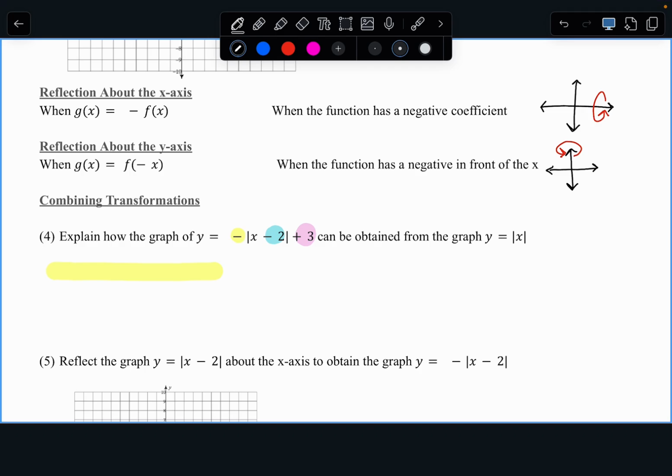Which one of those on this screen has a negative in front and not inside parentheses? That reflects over the x-axis.